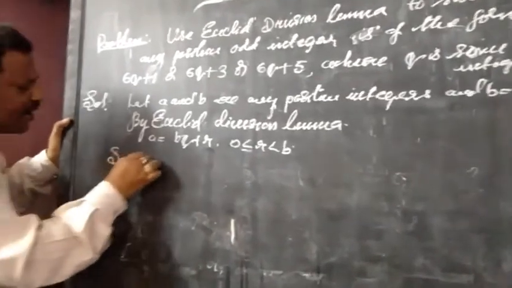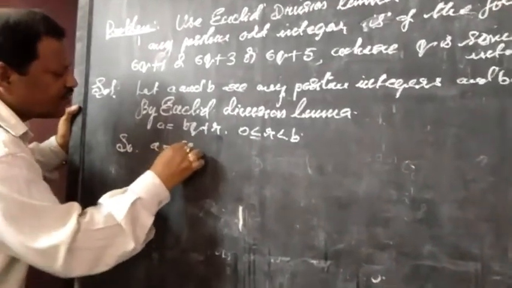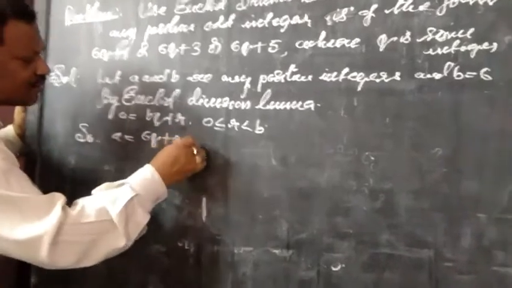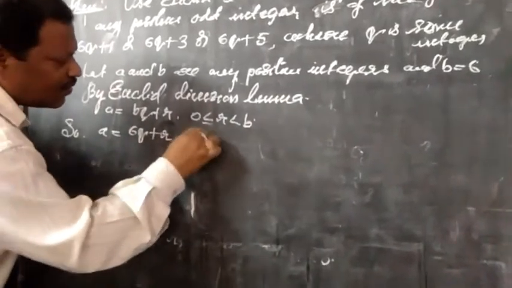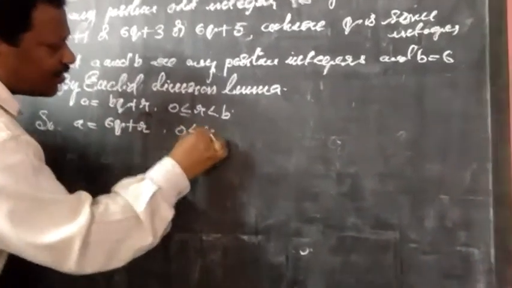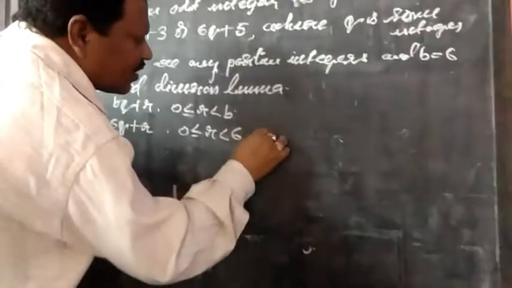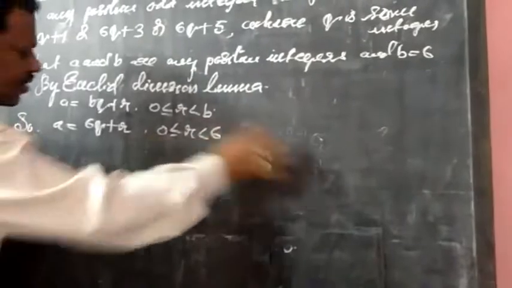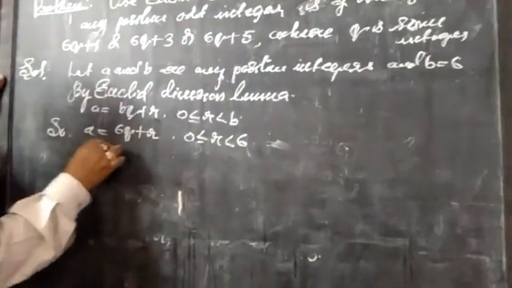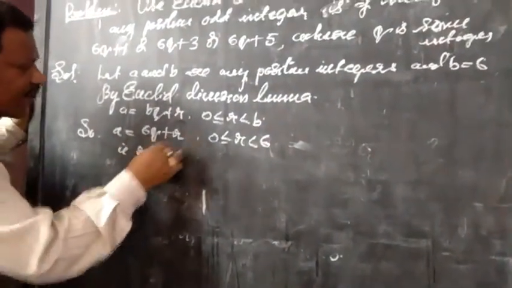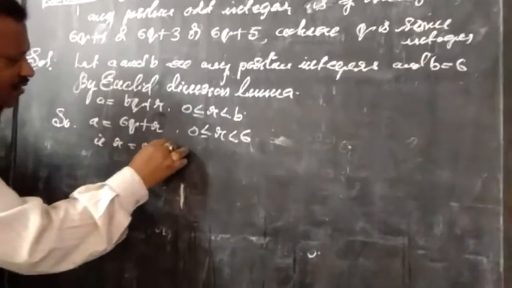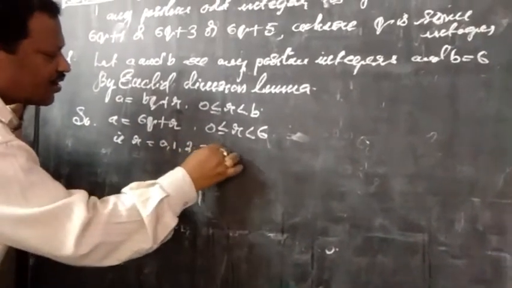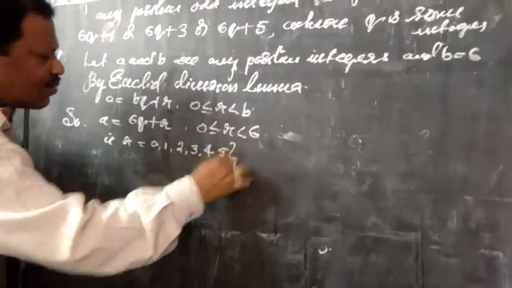So a equals 6q plus r, where 0 is less than or equal to r less than 6. Therefore the remainder r can be 0, 1, 2, 3, 4, 5. These numbers are satisfied.